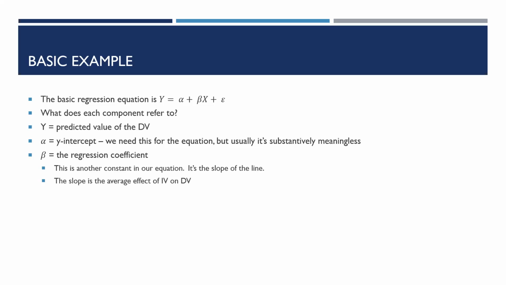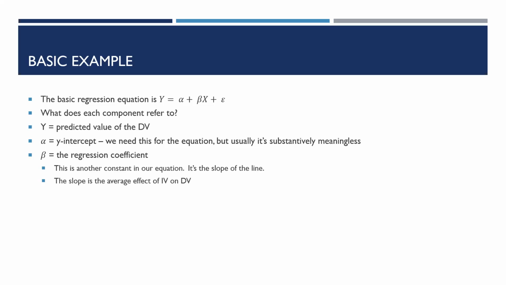And in mathematical terms, what you can think of these regression coefficients as is the slope of a line, right? So this goes back to basic algebra, rise over run. If we move 1 unit on the x-axis, what's going to happen on the y-axis? Is it going to go up? Is it going to go down? How much is it going to change?